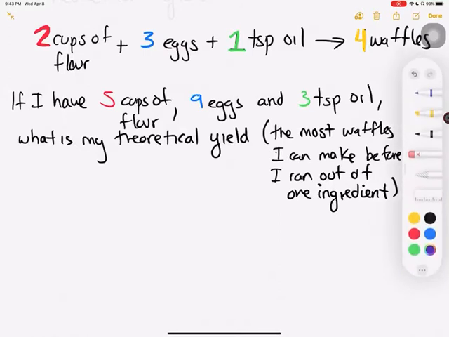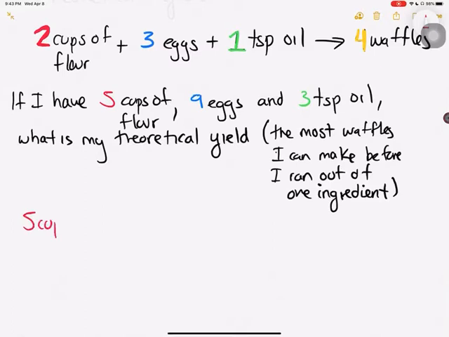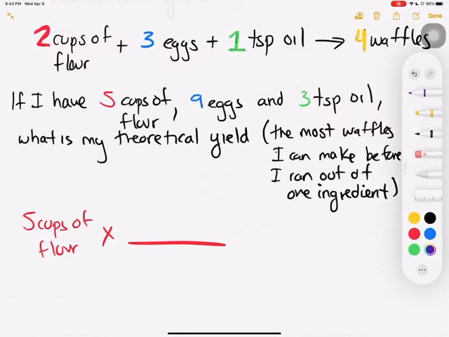Let's start with the cups of flour, right? So how many cups of flour do I have right now? It looks like I have 5 cups of flour. And I'm doing the dimensional analysis. So what is my conversion that I'm doing here? I'm going to write it, even though we're not using chemicals. We're doing a moles of A to moles of B conversion, right?